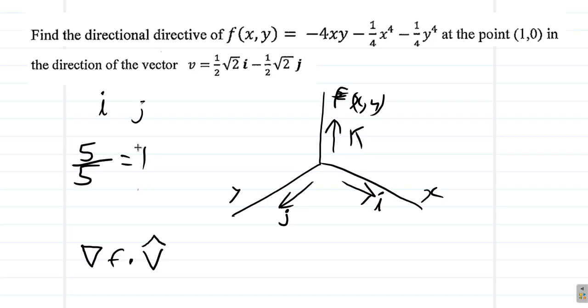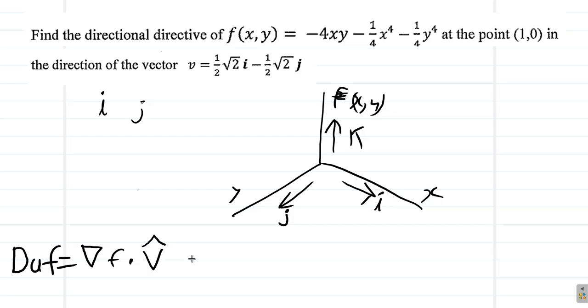If you multiply a vector by the unit vector, you get back the same vector, at least the size of it. So the way they write it is the directional derivative in the direction of u, the vector, of the function, which is D_u f.